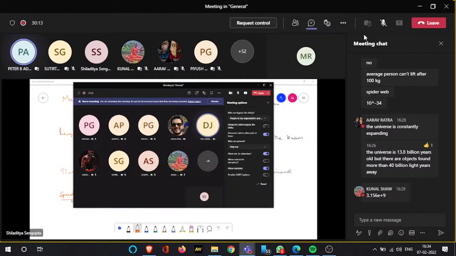While running, we are applying 3.5 times more force on average. I see. If you are running on a treadmill, some of you who go to the gym, you can easily go to 15 kilometers per hour. And the world record speed will probably be 35 to 40 kilometers per hour.